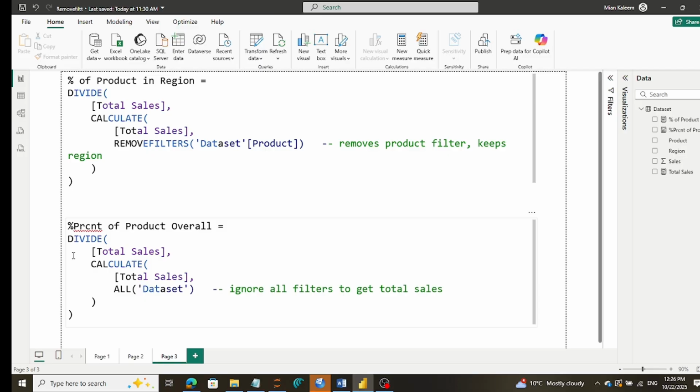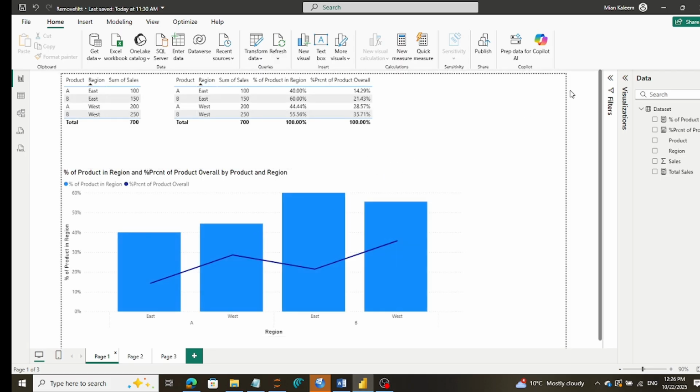In the second, where we are calculating overall, we calculate total sales and remove all filters. In the first we remove the product filter and keep the region, and in the second we ignore all filters to get the total sales.